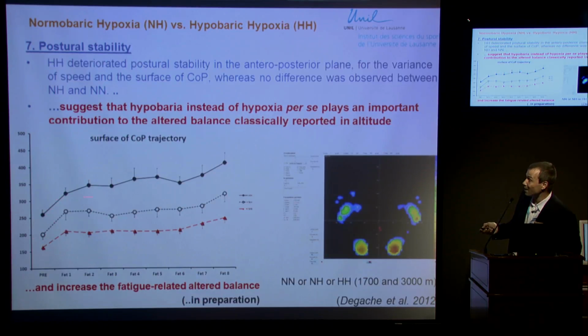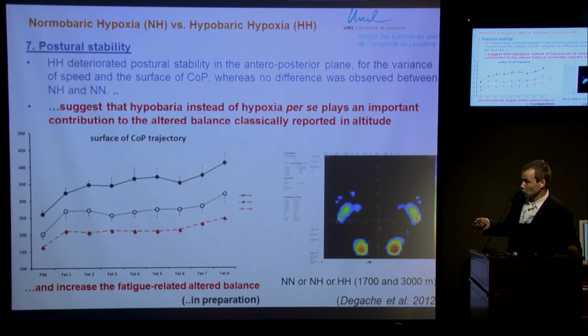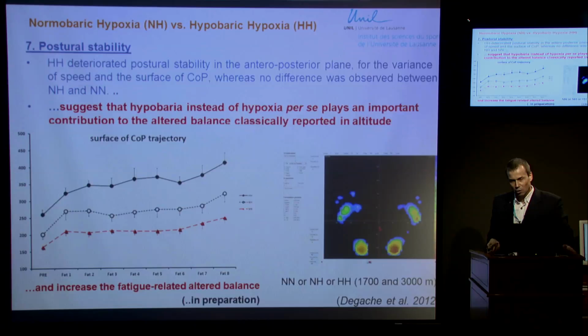But you can also clearly see that the magnitude of the change induced by the plantar flexor muscle fatigue is much larger in HH than in NH or NN. It might have some implication for sports like biathlon, all these sports that could also be practiced at quite high altitude. Biathlon, I think you can go up to 1,700.